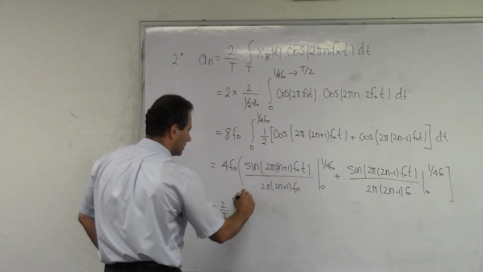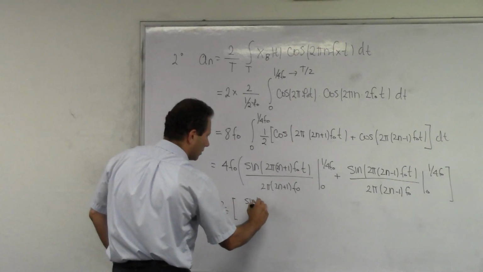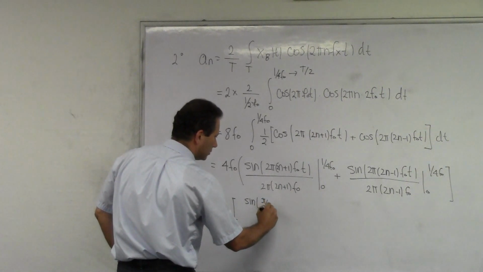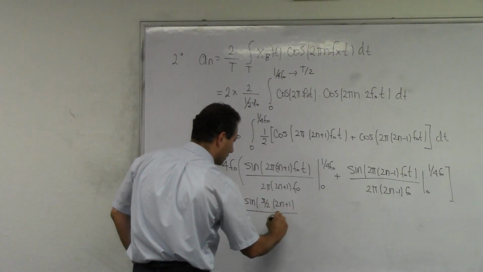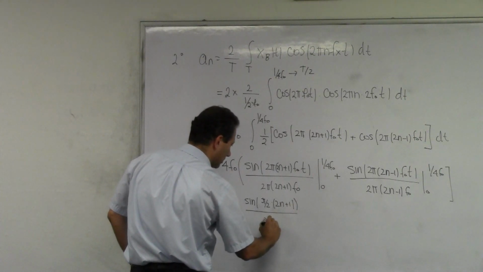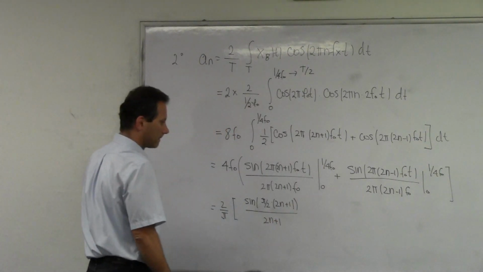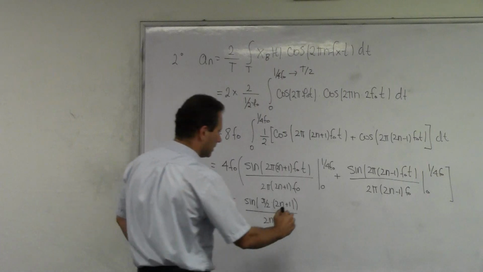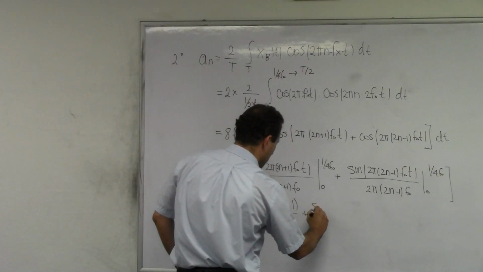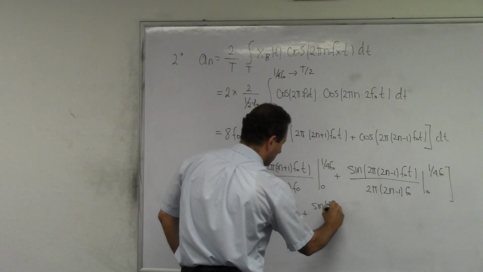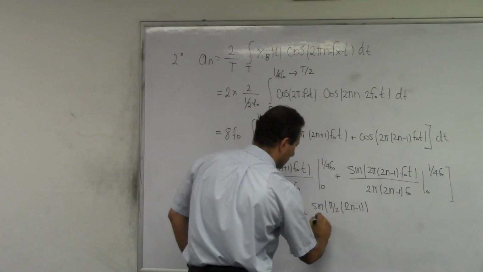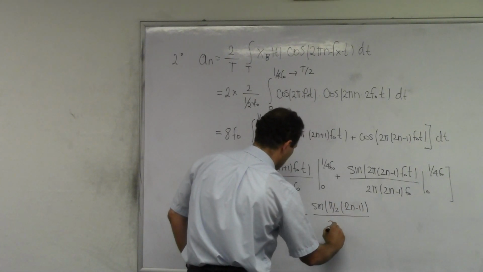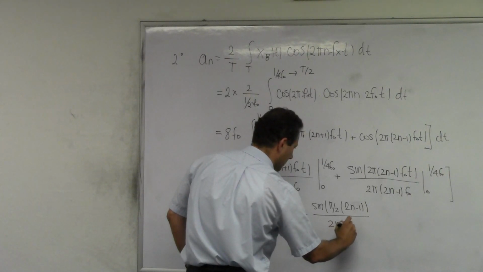And then I have here sine of pi over 2 times 2n plus 1 over 2n plus 1. Okay? And then plus sine of pi over 2 times 2n minus 1 over 2n minus 1.